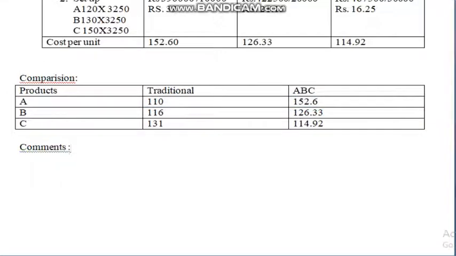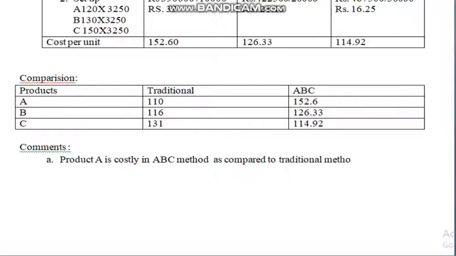So the first comment is, product A is costly in ABC method as compared to traditional method of costing.